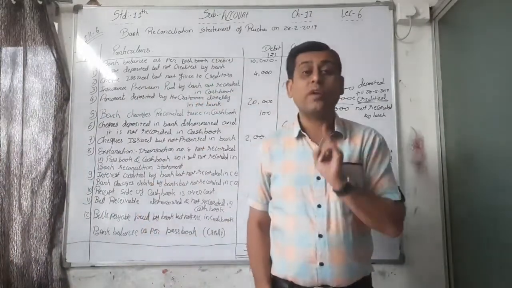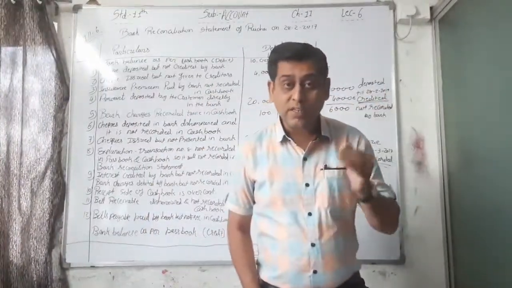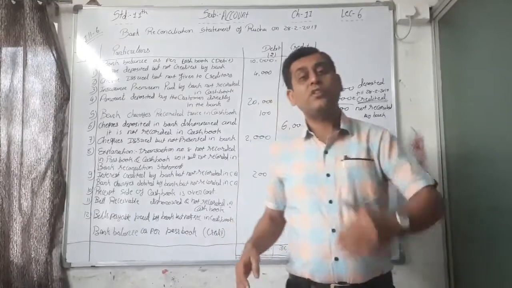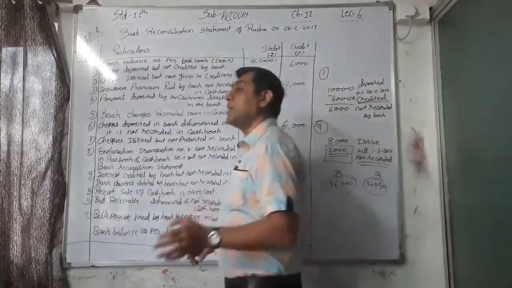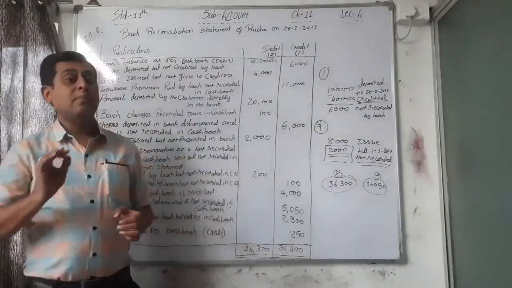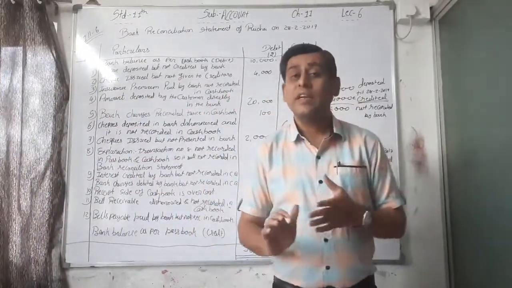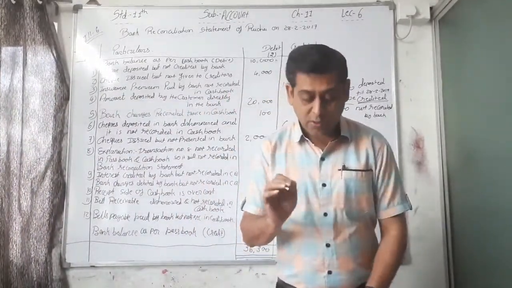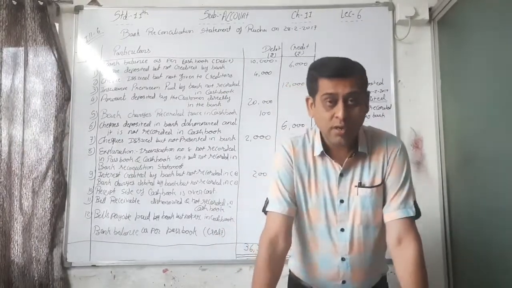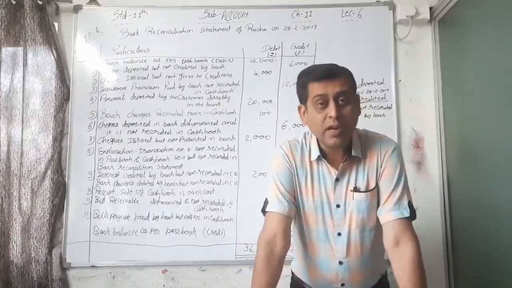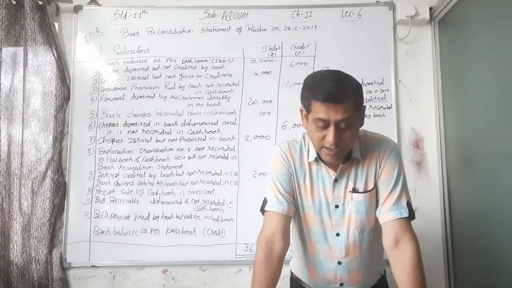So we are writing credit here in the rules. Just like that, I am discussing sum number 5 and sum number 6, and I am recording. I am only saying that this transaction is credited and this transaction is debited. So just write down near to each and every situation, each and every point, CR or DR, credit or debit.